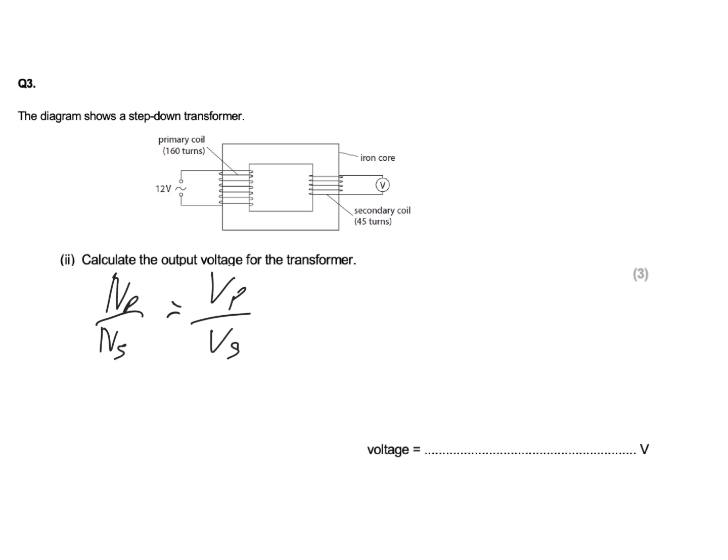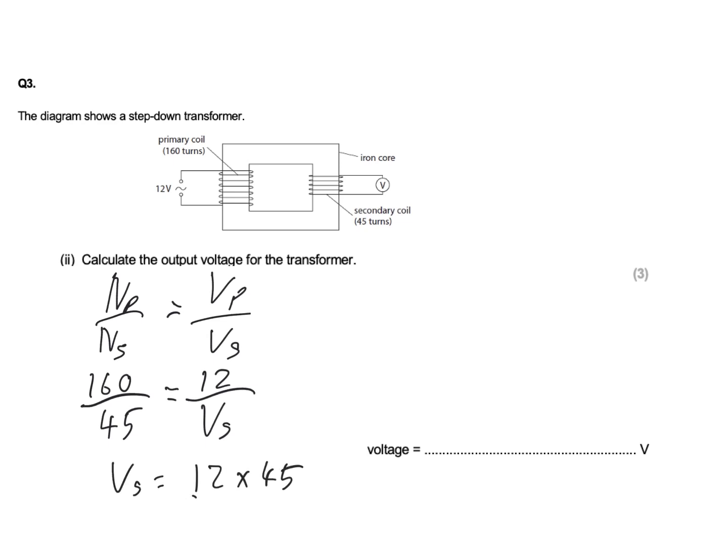And filling in our numbers from the question, we have that the N primary is 160, the N secondary is 45, the V primary is 12, and the V secondary is what we are trying to find out. With a quick bit of rearrangement, we have that V secondary equals 12 times 45 over 160, which gives our V secondary voltage of 3.4 volts.